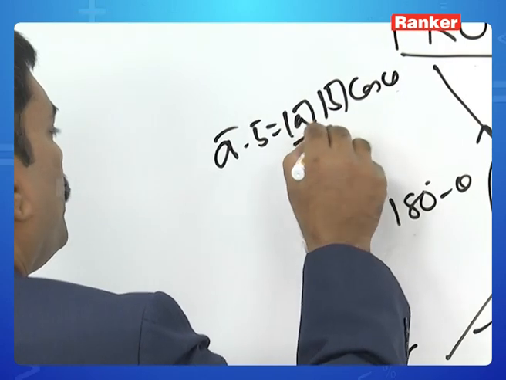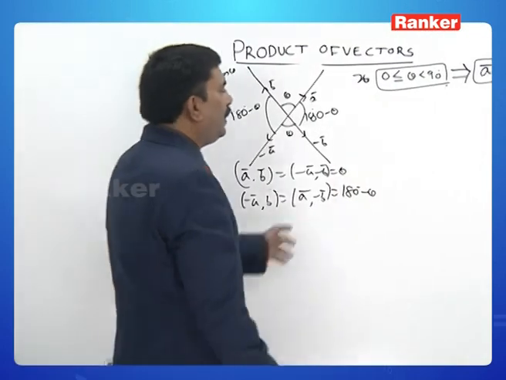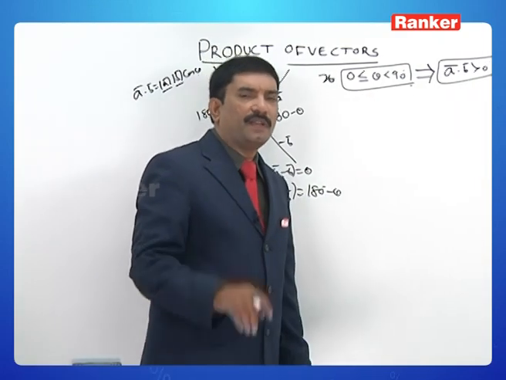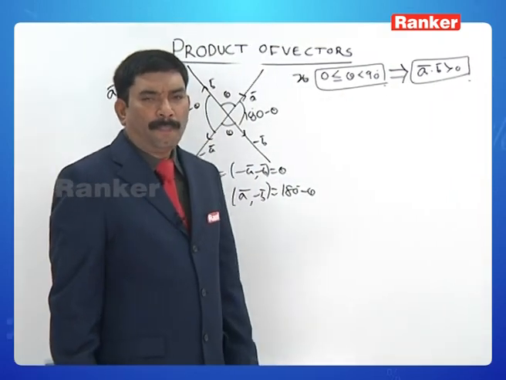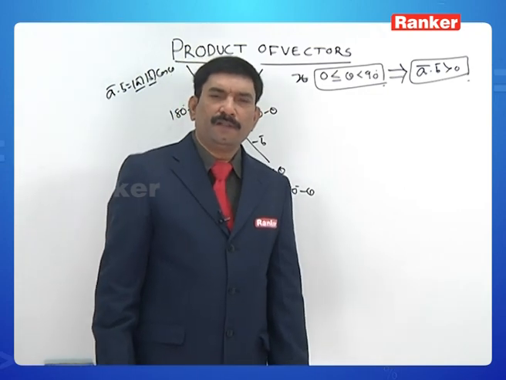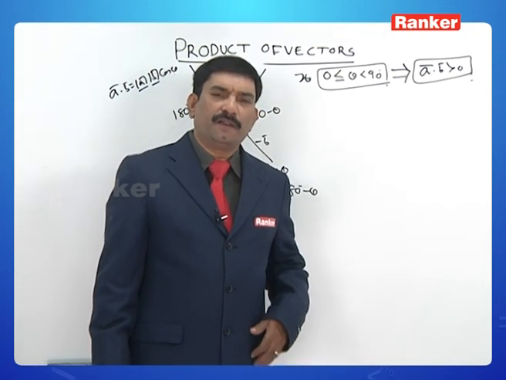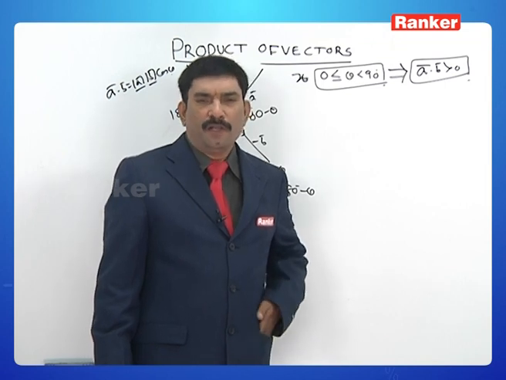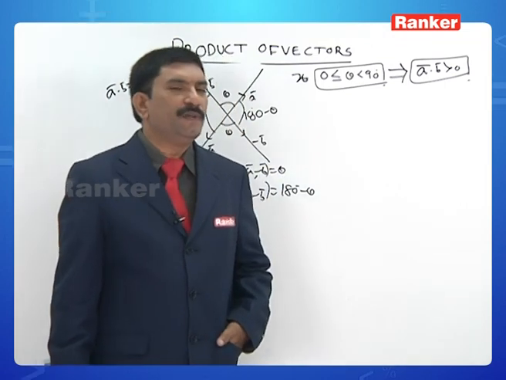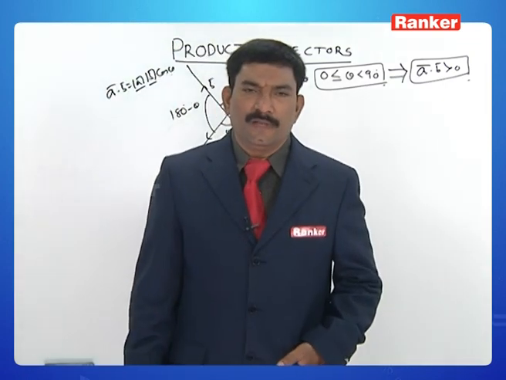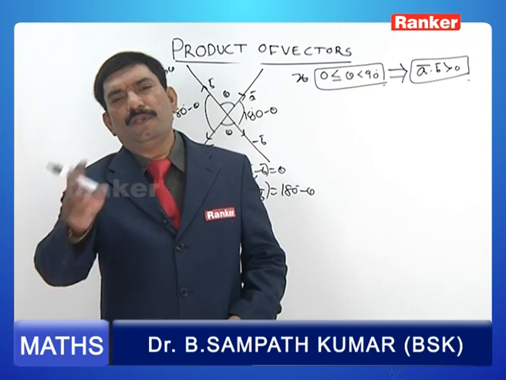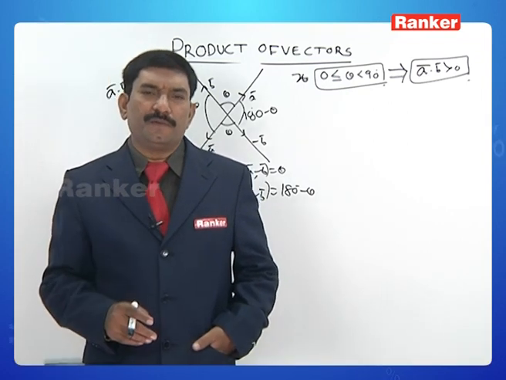This is positive, positive, and cos theta is positive. When theta lies between 0 and 90, it's an acute angle. Whenever any two vectors involve an acute angle between them, then always A bar dot B bar is greater than 0.